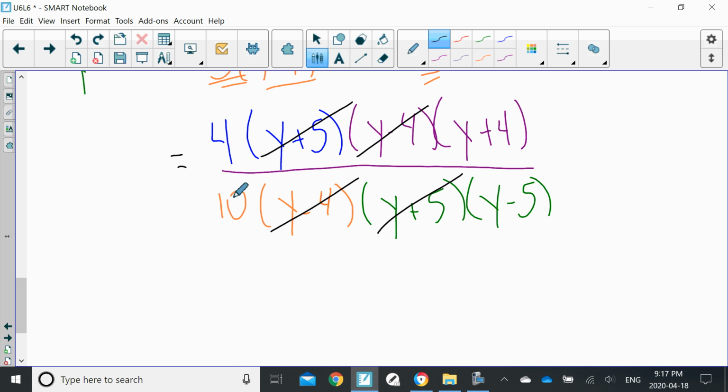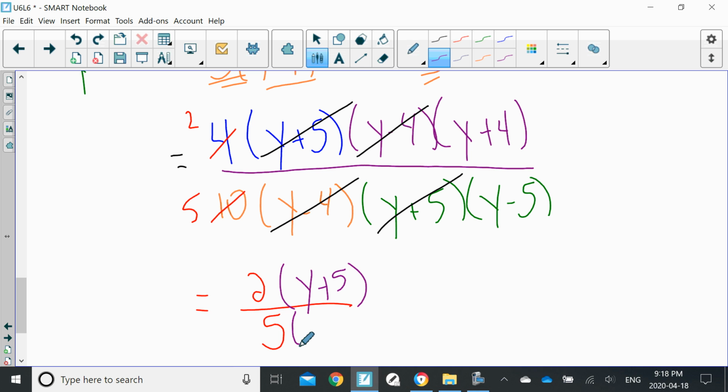If you typed 4 over 10 on your calculator and reduced it, you would get 2 over 5, because both of those numbers are divisible by 2. 2 goes into 4 twice, and 2 goes into 10 5 times. So that would reduce to 2 over 5. And my factors left after canceling are a y plus 4 in the numerator and a y minus 5 in the denominator. That would be your completely simplified answer.